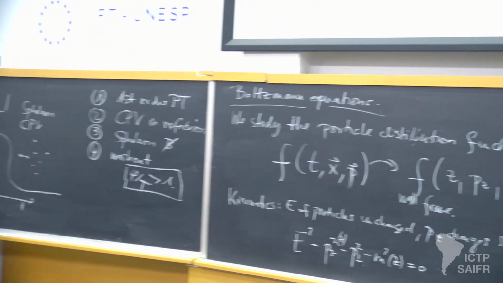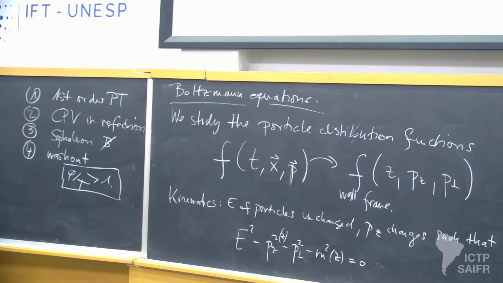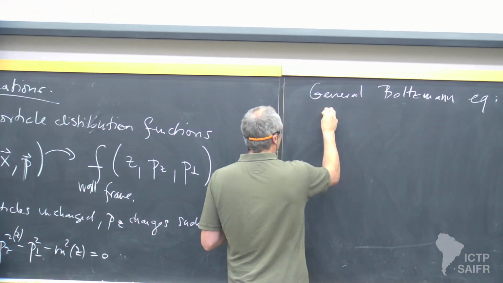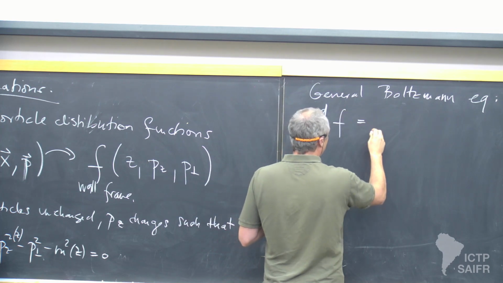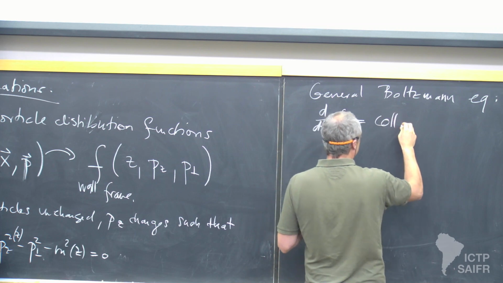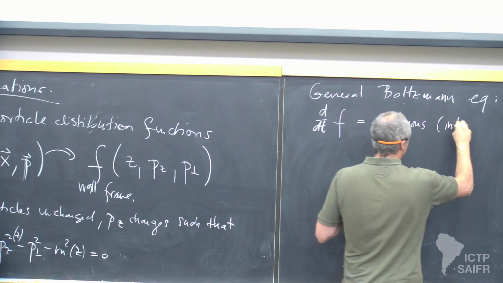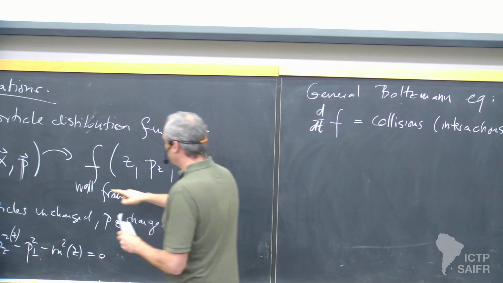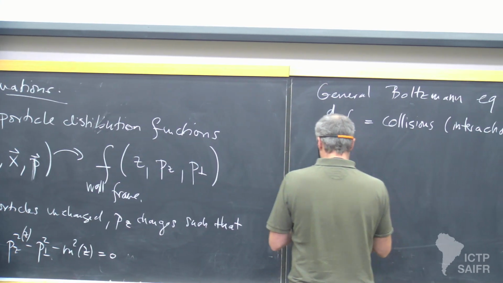Okay, so how does a general Boltzmann equation look like? The general Boltzmann equation is just from the fact that the total time derivative of f has to be the collisions or the interactions. And since we have the dependence on all these variables, there are also implicit dependencies.